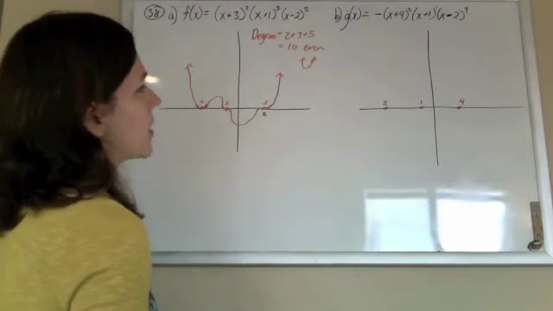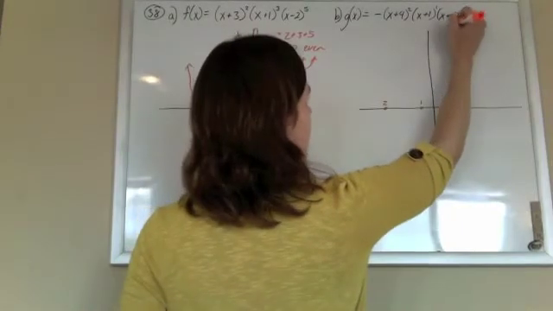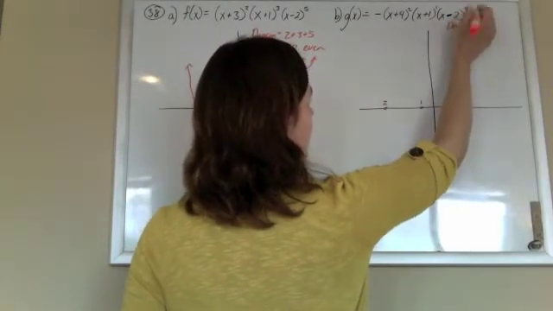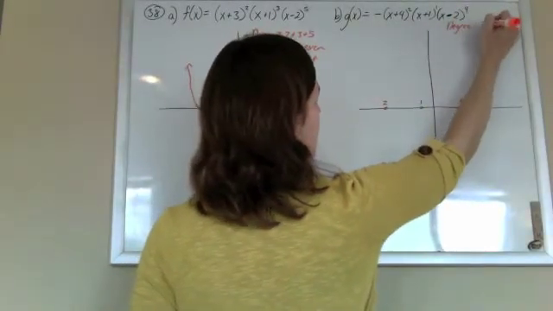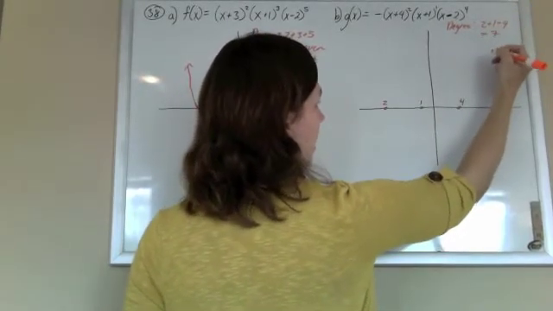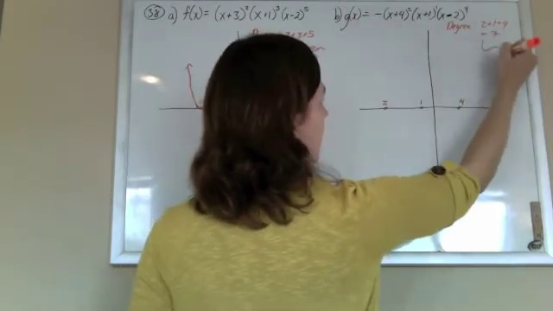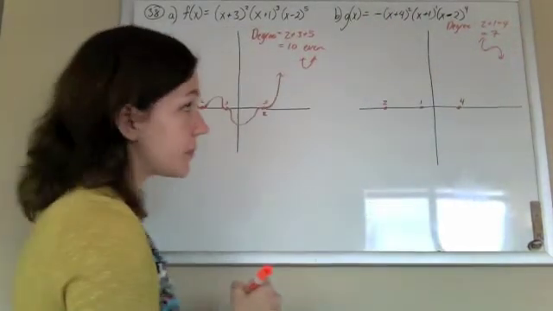Oh, yeah, that's right. So here, if I were to find the degree, if I were to multiply this whole thing out, it would be 2 plus 1 plus 4 is 7, which is odd. So I know it's a noodle-shaped graph, and because it's negative, it's going to go down.